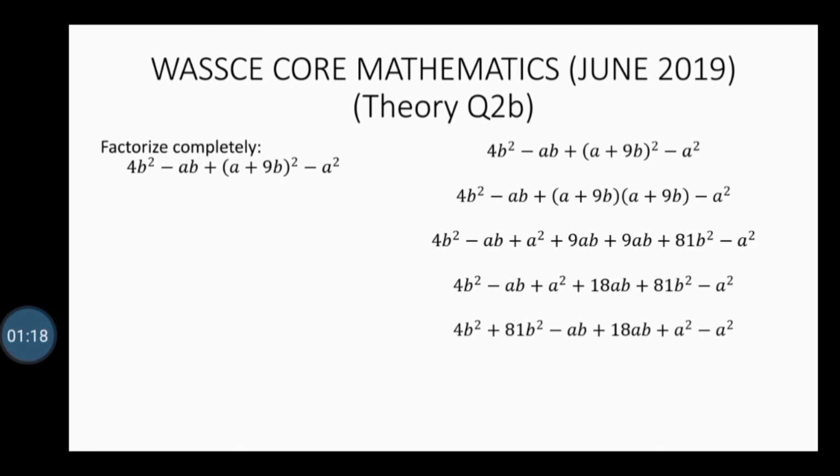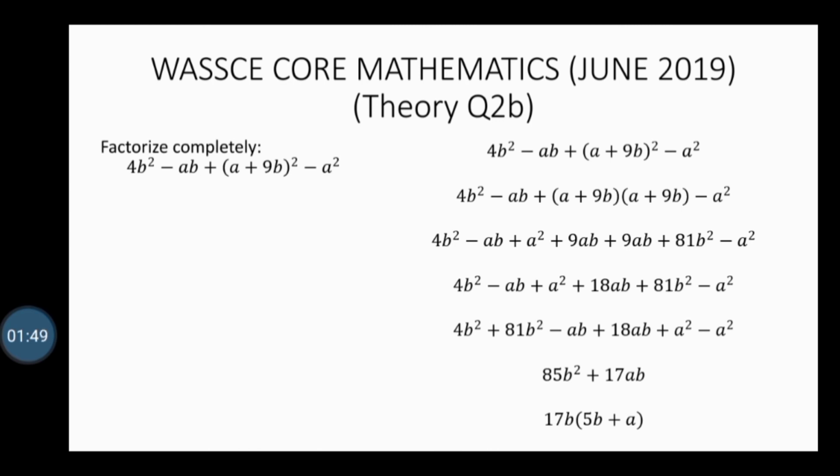Now we can group like terms. 4b squared plus 81b squared minus ab plus 18ab plus a squared minus a squared. 4b squared plus 81b squared will give us 85b squared, minus ab plus 18ab will give us 17ab, then plus a squared minus a squared will give us 0.